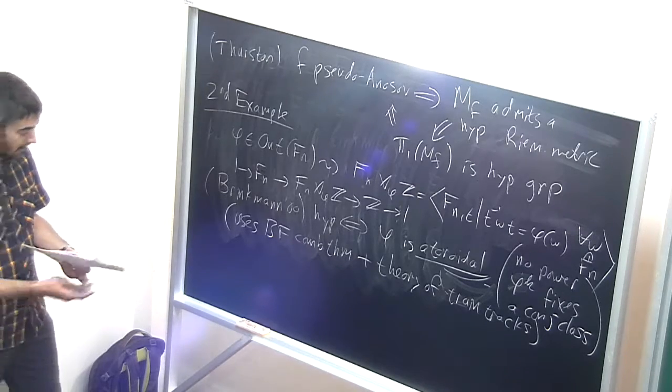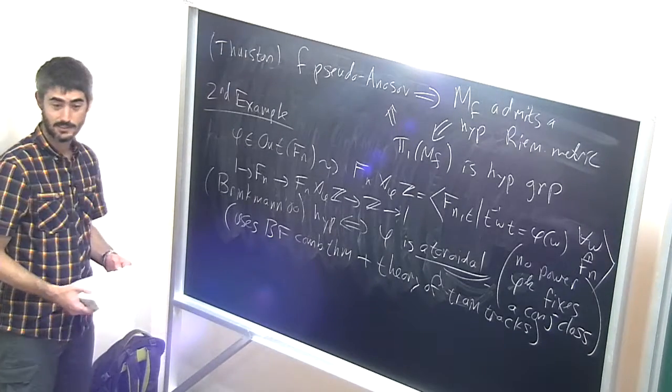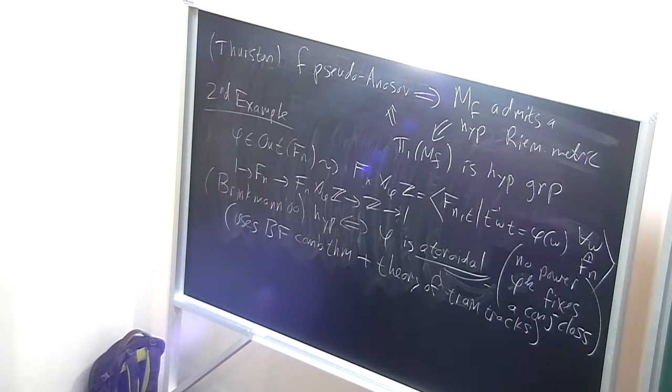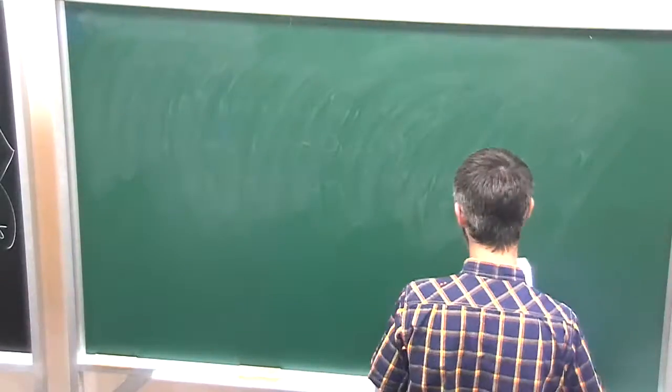OK, great. And any questions? All right. And then let me just also say, so those are two examples, one example with a surface group extension and one example with a free group extension.